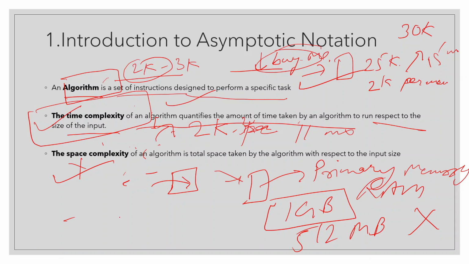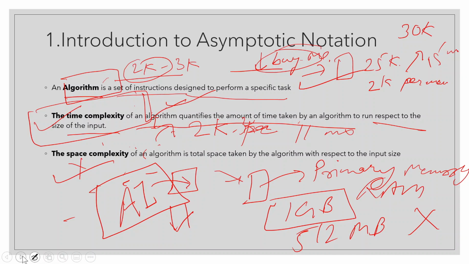Because nowadays artificial intelligence requires more space because of data consumption. That's why space complexity is totally neglected, and we only focus on time complexity.